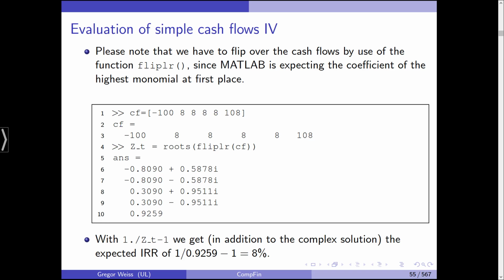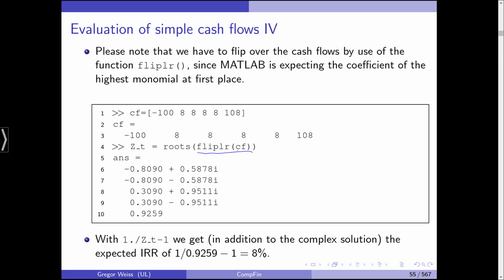8, 8, 8, 8, 108. This is our cash flow, and because MATLAB writes down the polynomials starting with the coefficient of the monomial of the highest order, so it's actually x taken to the 6th power plus x taken to the 5th power and so on, we have to flip this vector CF from left to right.